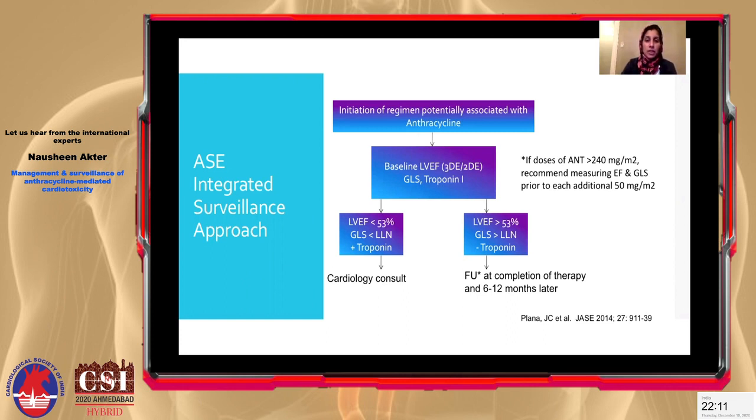All patients should receive an echo prior to initiation of anthracycline treatment, and again post-treatment. If doses exceed 240 milligrams per meter squared, then an echo prior to each additional 50 milligrams per meter squared, at the end of treatment, and at 6 to 12 months later.